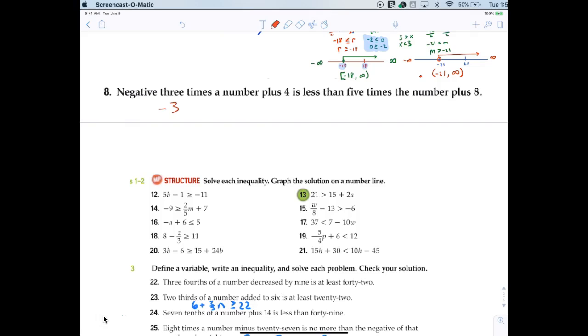Negative 3x, plus 4, minus... What does less than mean? Now you have to be careful, because in the past, less than could have meant subtraction, but in this context, less than just means the inequality sign less than. Good job, Thomas.